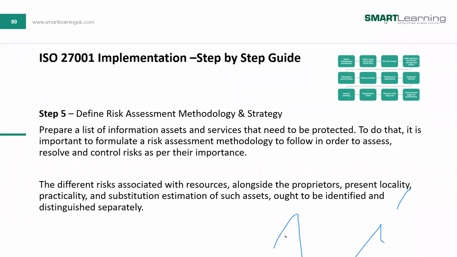I caught this one. The difference between an information security policy and an ISMS policy is a very, very good question. Please listen to it carefully. Sometimes your ISMS policy is your information security policy. That is where the scope of your ISMS covers your whole organization. In that way, your ISMS policy is your information security policy.